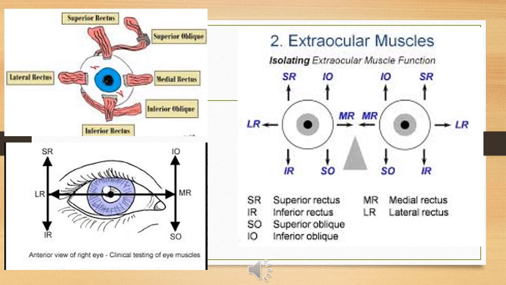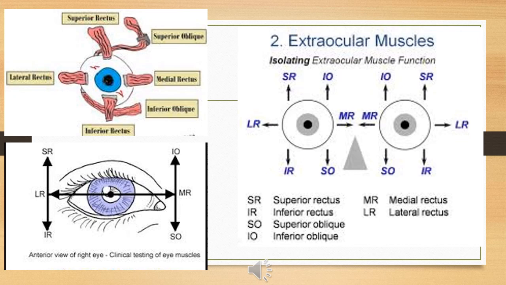Now do what is commonly known as the H movements. So if you go to the right of the patient, you are examining the right lateral rectus muscle and the left medial rectus muscle. While you are on the right side, the left eye is adducted and the right eye is abducted.